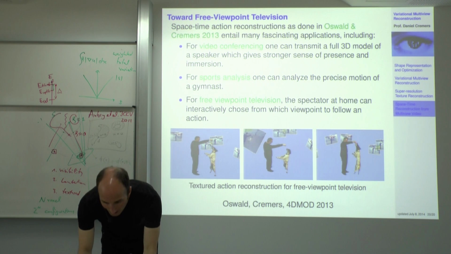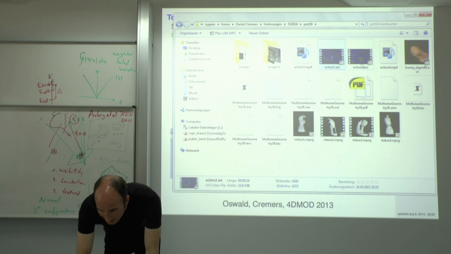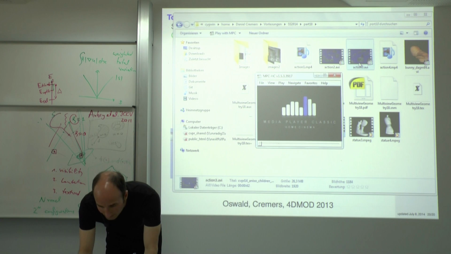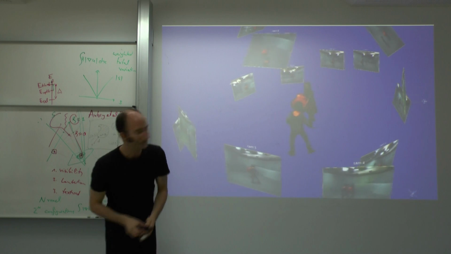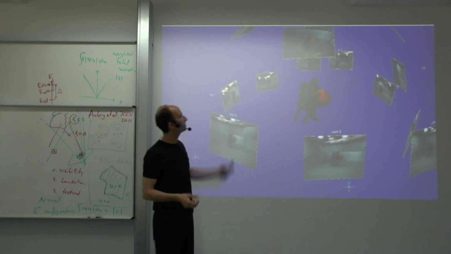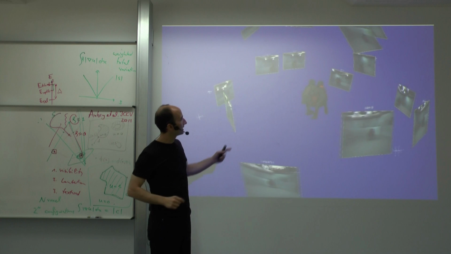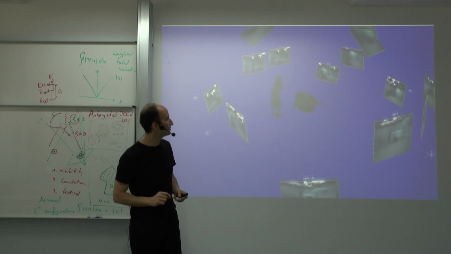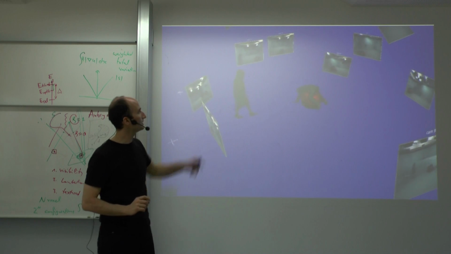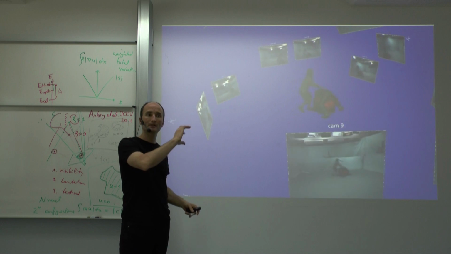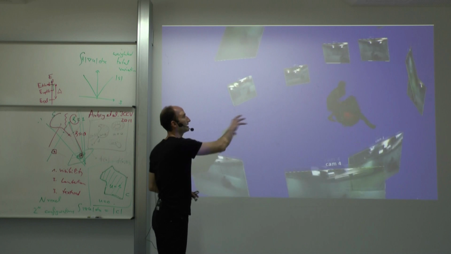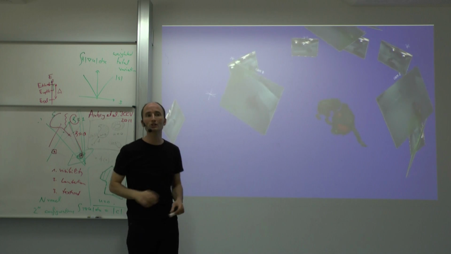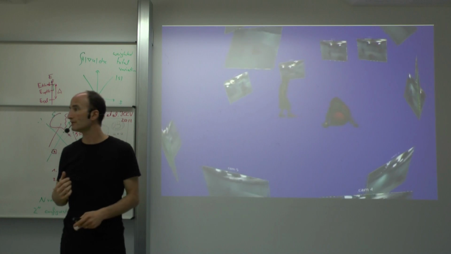Here is another demo, another example. You can see this action, and it feels like you're almost there. And what my student Martin is doing here is, while the movie is running, he pans around the scene with the mouse in real time. And he can zoom in, he can zoom out, he can go around the action and see it from any arbitrary viewpoint.